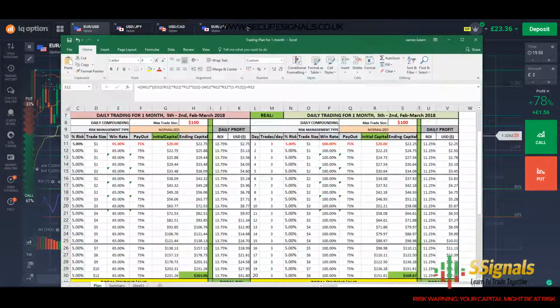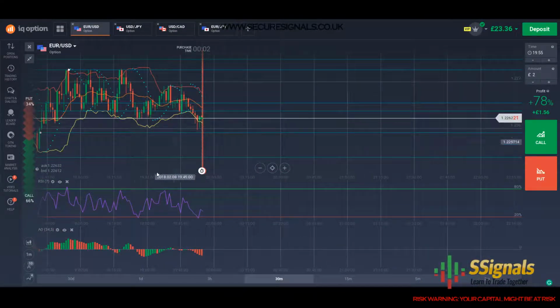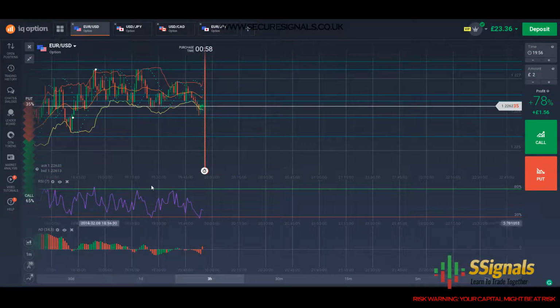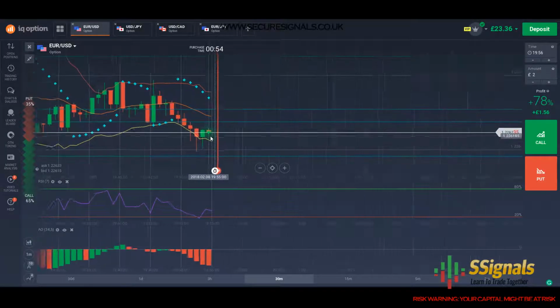And then actually tomorrow. Okay, so basically it's broken out now, and it's basically going to retest this structure here.